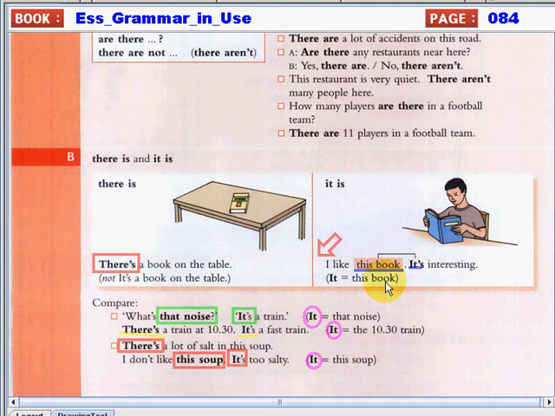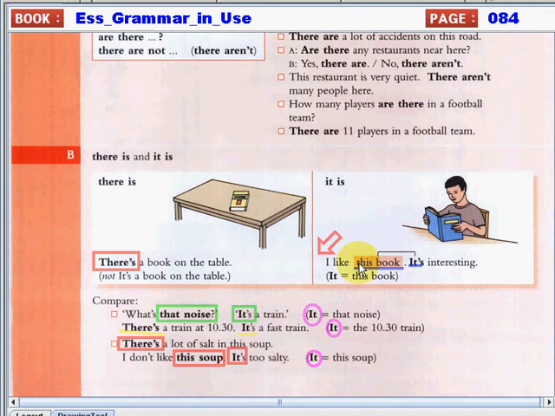We cannot use this book again in just one line of a sentence. That's grammatically wrong. So we will substitute this book with it. Again, I like this book. It's interesting. So it substitutes this book.